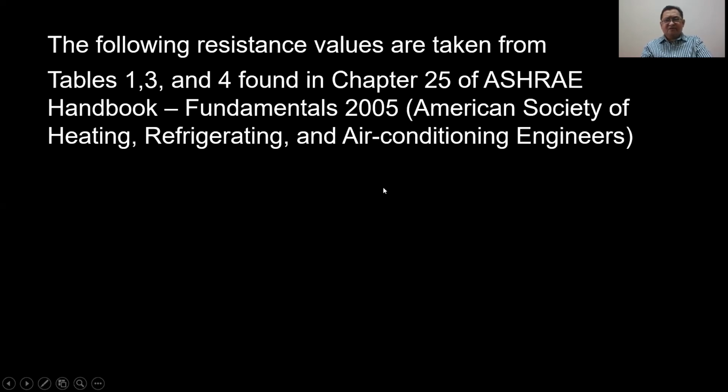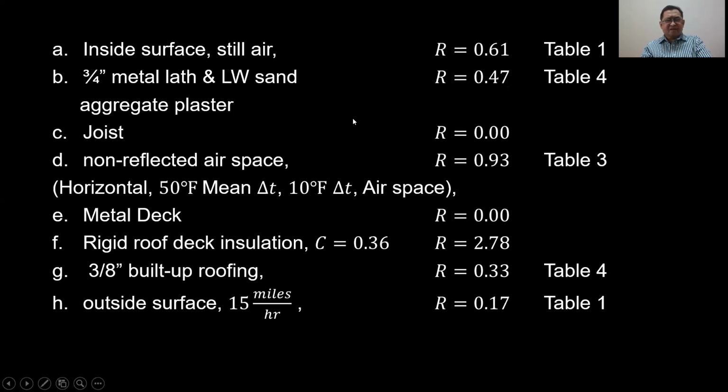So again, the following resistance values are taken from tables 1, 3, and 4, found in Chapter 25 of the ASHRAE Handbook, Fundamentals, American Society of Heating, Refrigerating, and Air Conditioning Engineers. Inside surface still air, 0.61 from table 1, 3/4 metal lath and lightweight sand aggregate plaster, we have the resistance value of 0.47 taken from table 4, and we have the joist, which is made of a steel section, so we have 0 resistance.